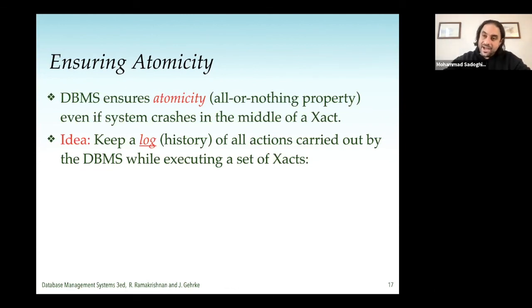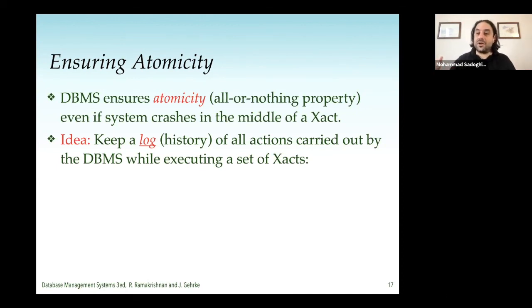Or if I have done a set of operations, I've written it in my log, and the transaction was committed, but the changes were in main memory only, in volatile memory. They haven't been reflected into the persistent storage, and the database crashes. So the transaction was committed, meaning the user was given the commit ticket, but then the data is lost.